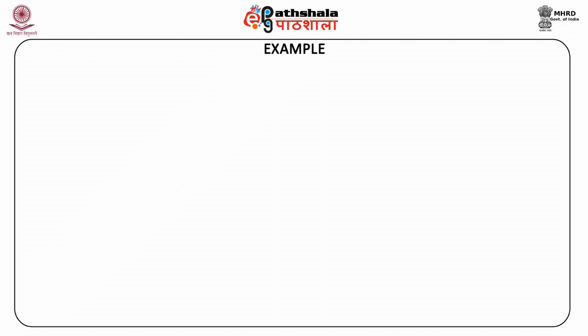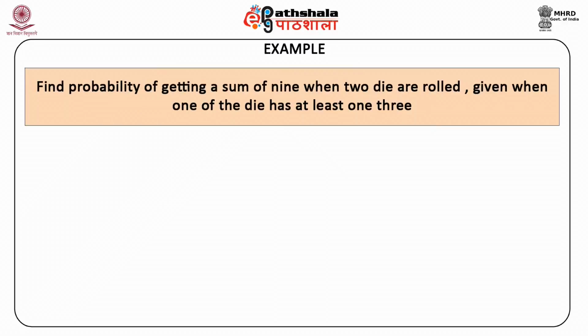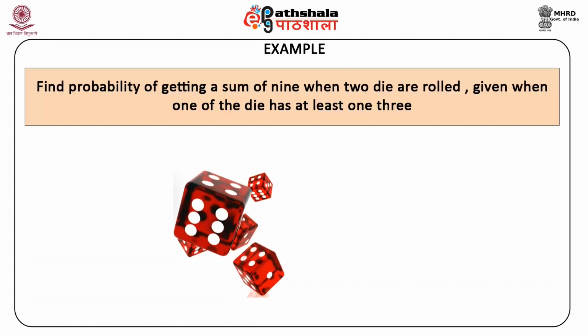Now let's look at another example. Find the probability of getting a sum of 9 when two dice are rolled, given that one of the dice has at least one 3.